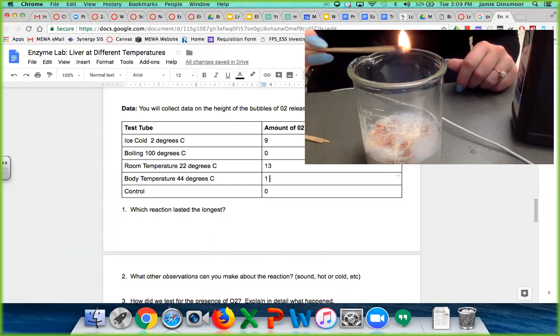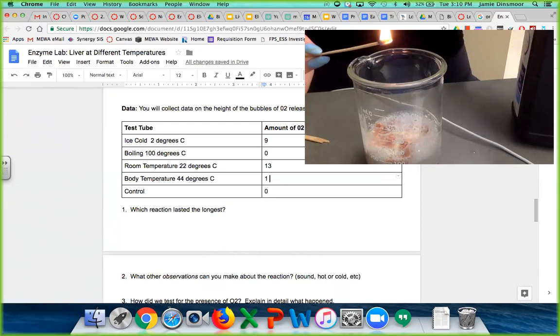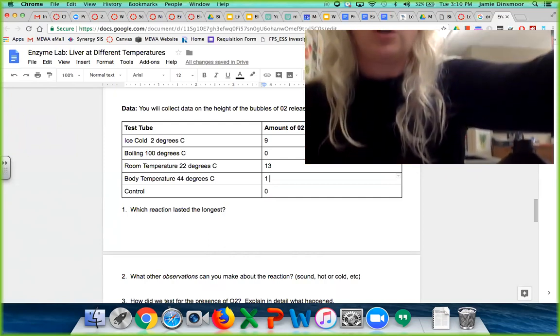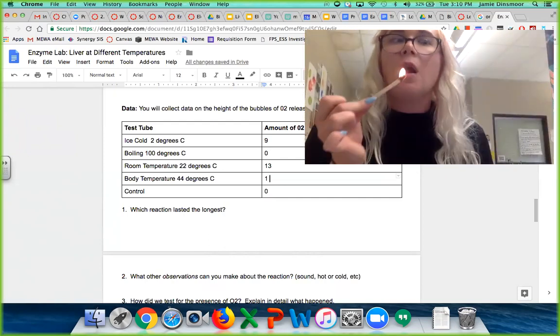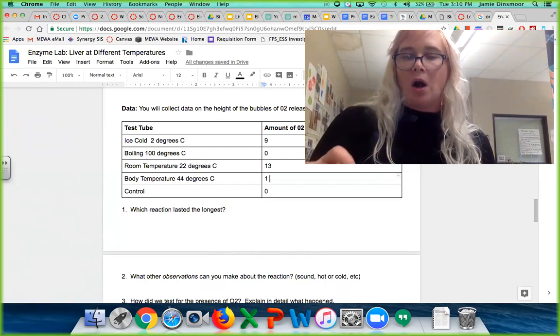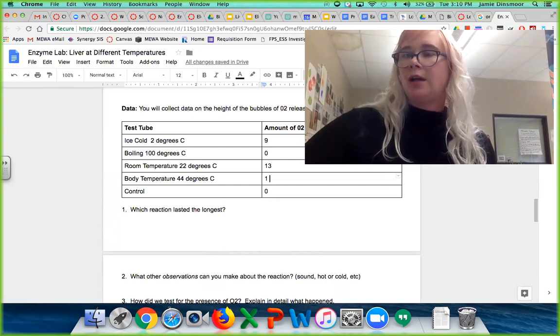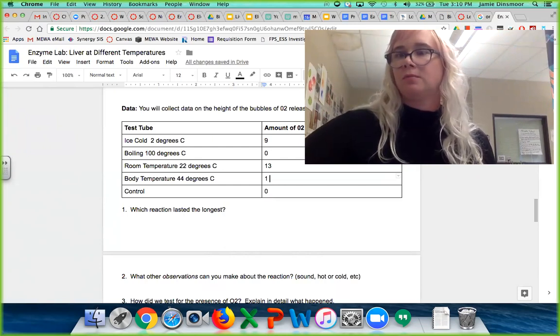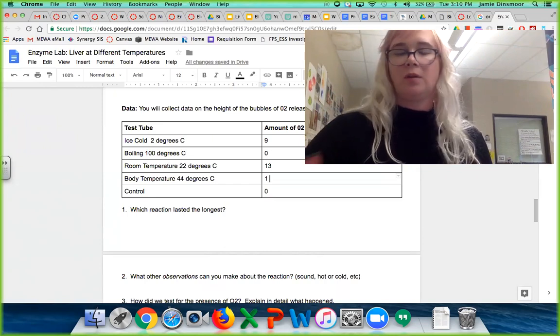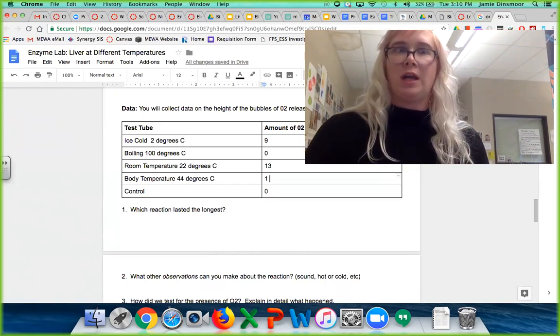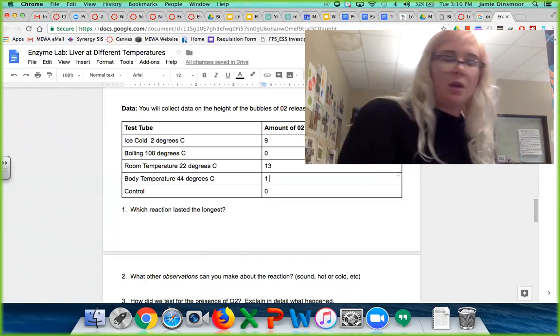So they will just keep going. Like I could pour this entire bottle of hydrogen peroxide onto this liver and it would be able to break down all of it. It has no limits. It does have limits though if it's the wrong temperature, right?